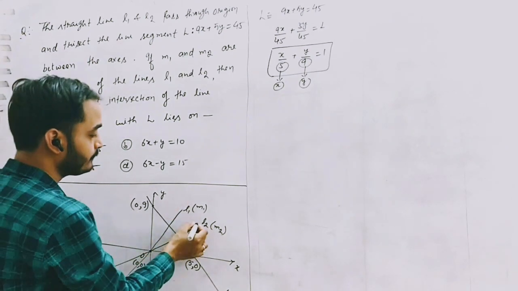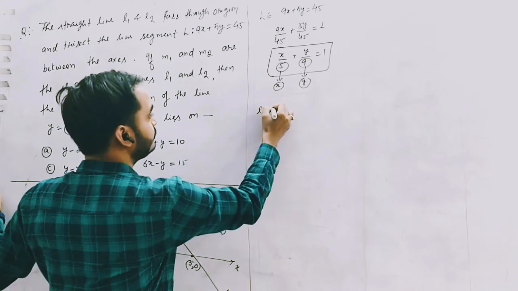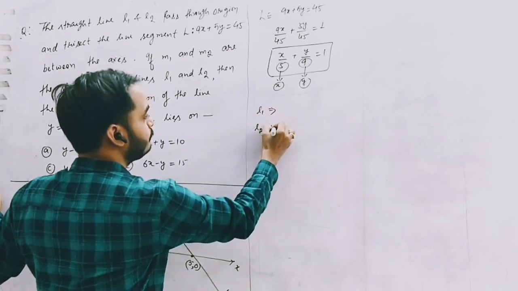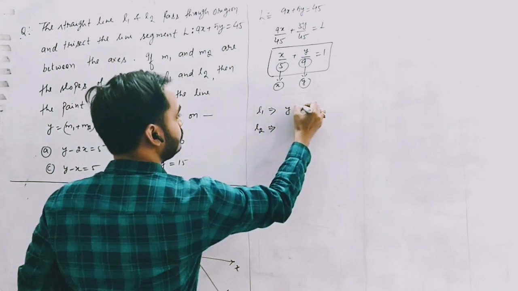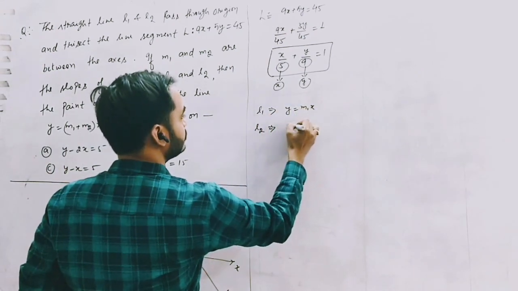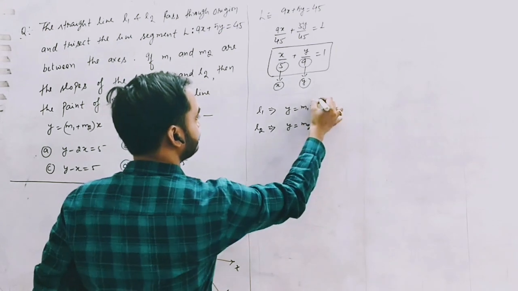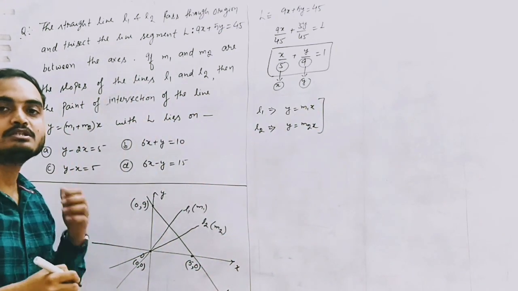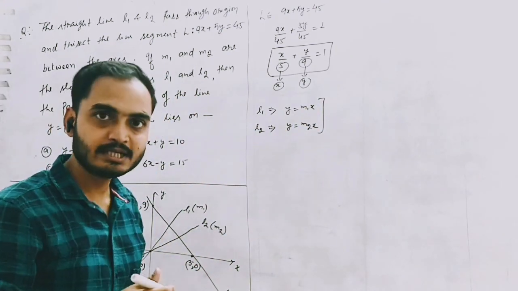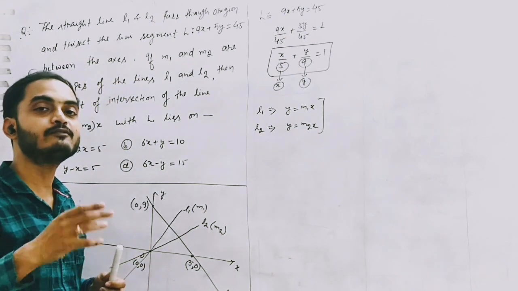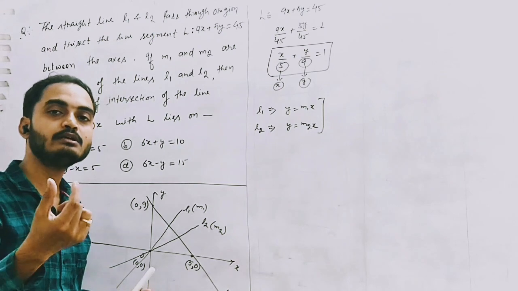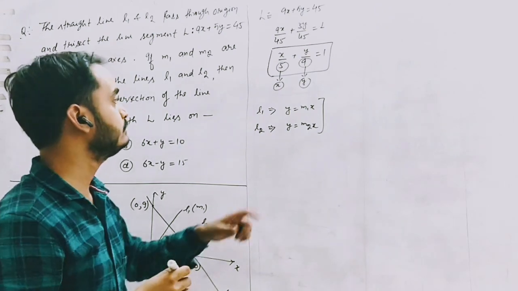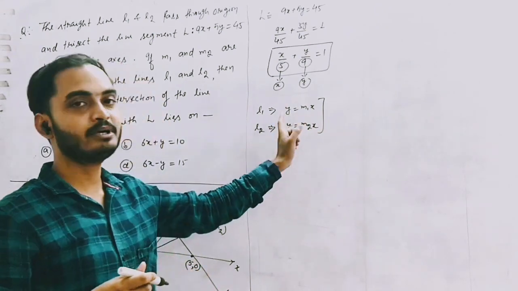So the equations of these 2 lines L1 and L2 in slope form can be written as y is equal to m1x, y is equal to m2x. This we already know: the general form of a straight line in slope-intercept form is y is equal to mx plus c. Since these are passing through the origin, the c intercept will be equal to 0. So the equation will be y is equal to m1x.